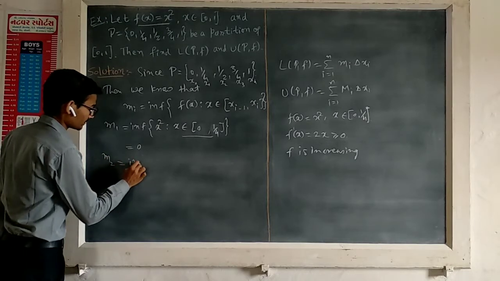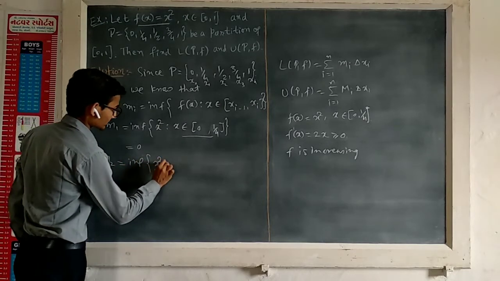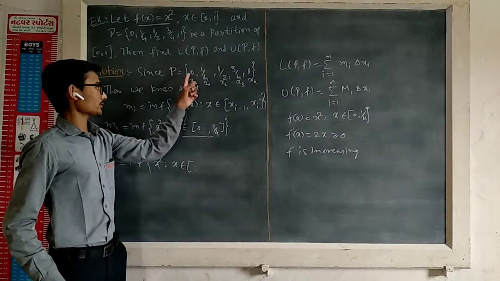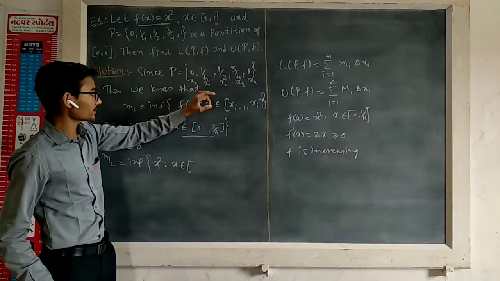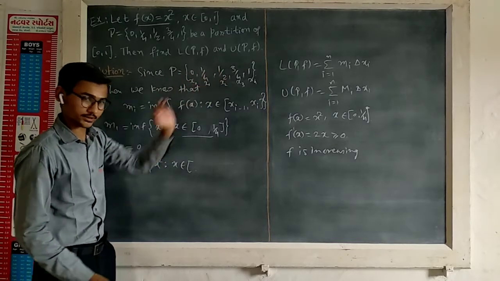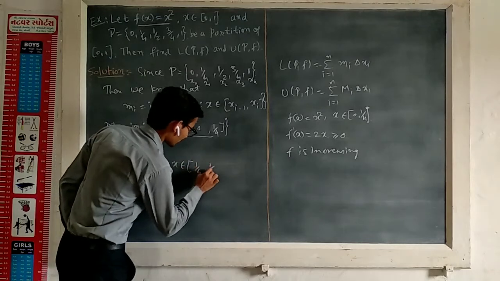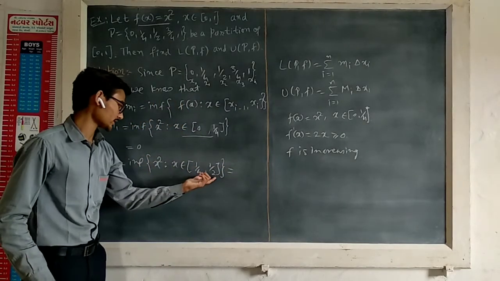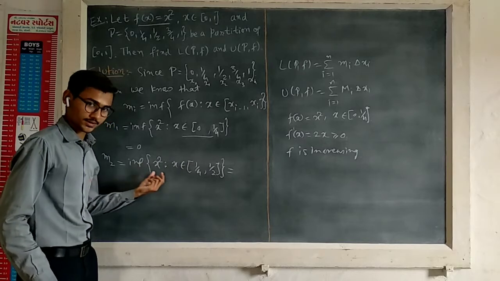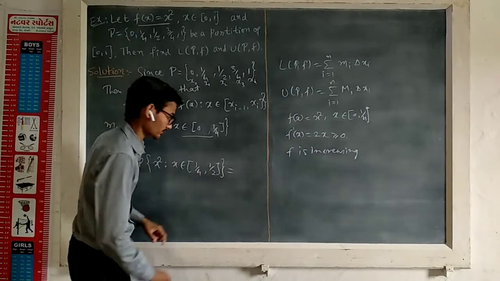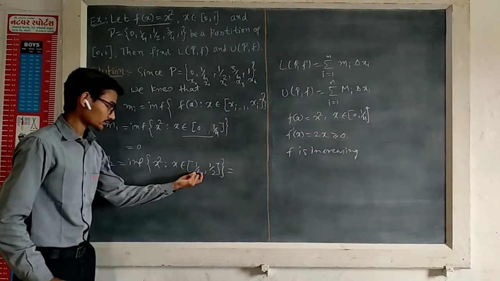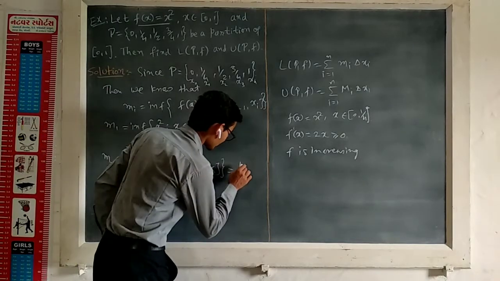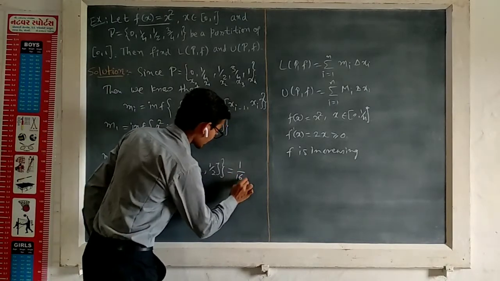Similarly, m2 is the infimum of x square such that x belongs to the second subinterval. The first is 0 to 1 by 4, the second subinterval is 1 by 4 to 1 by 2. What is the minimum value? The function is also increasing in this subinterval, so the infimum of x square is the minimum value of that subinterval. So put x equal to 1 by 4 in x square: 1 by 4 square is 1 by 16.